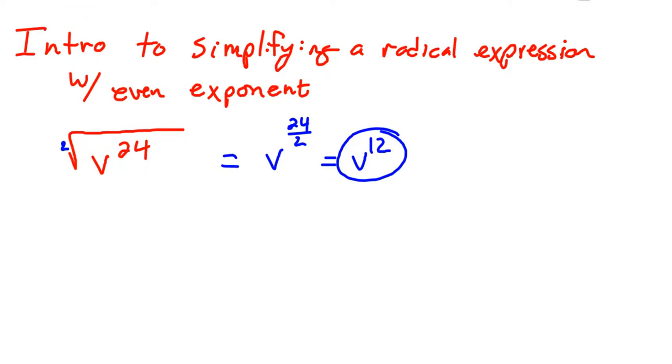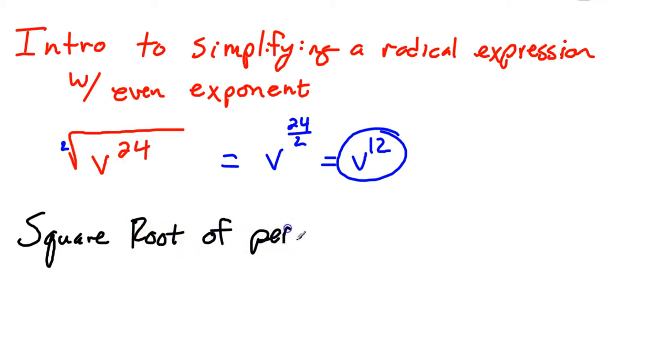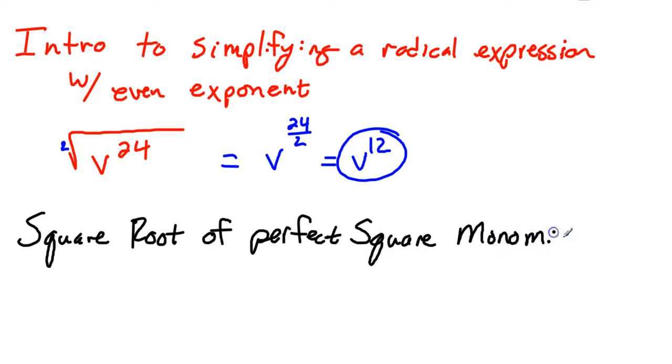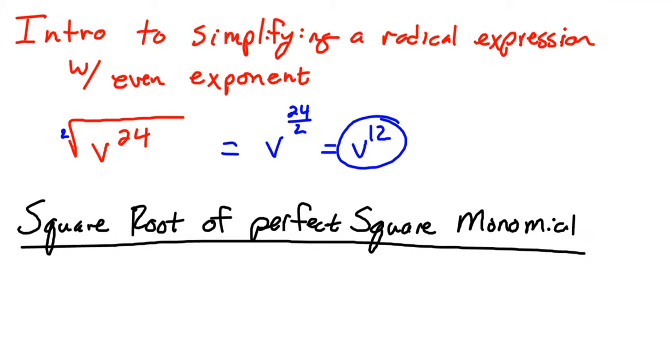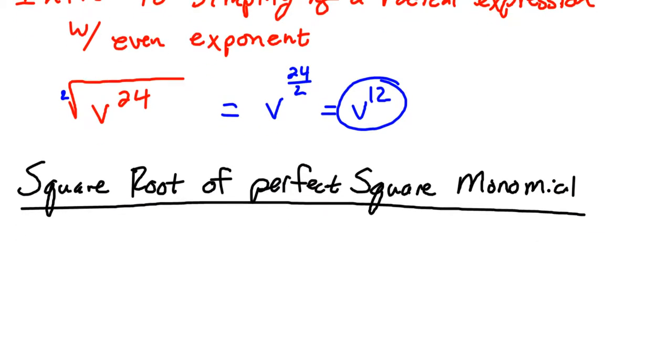Okay, and they use that to go to the next one, where we're going to do square root of perfect square monomials. What this one's going to do is take the previous 2 examples you had and put them together.